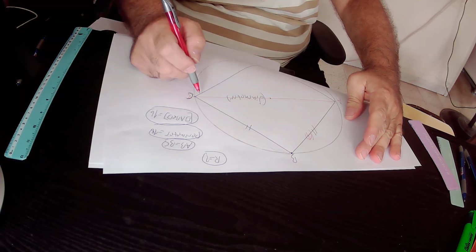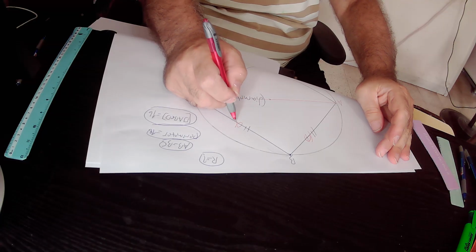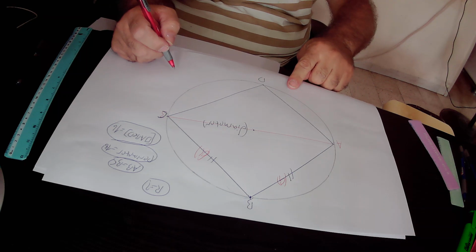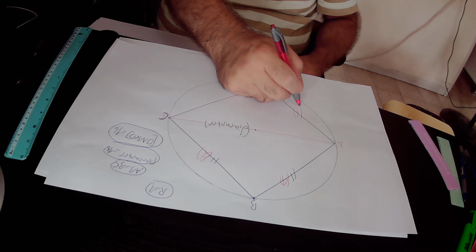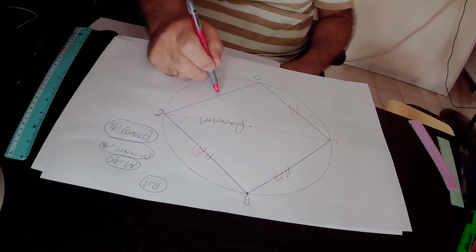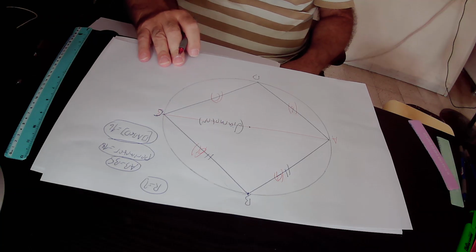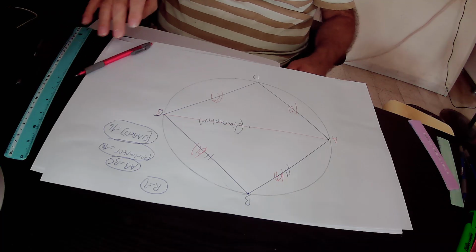AB equals BC, and therefore BC must also be equal to a in its length. We define the length of side AD as b, and we define the length of side CD as c. So here we can implement all of this in our drawing.